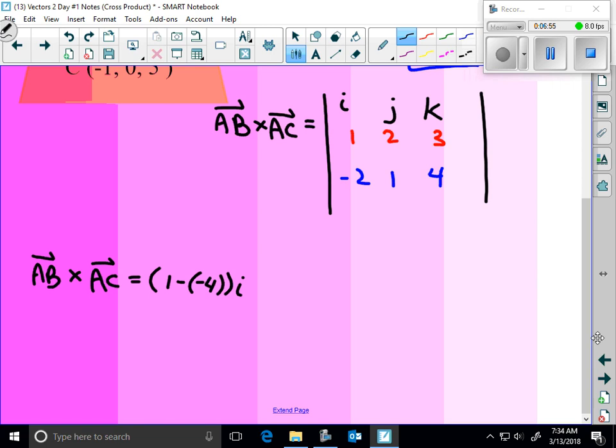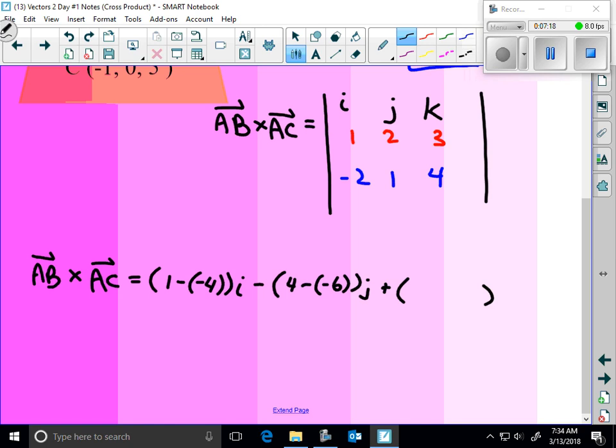Your J component, I'm going to cover up the 2 and the 1, the red 2 and the blue 1. I'm going to subtract whatever I get here. So I'm going to have 1 times 4, which is 4, minus a negative 6, J, plus my K component, I cover up the red 3 and the blue 4.